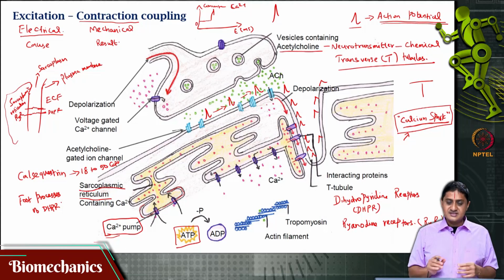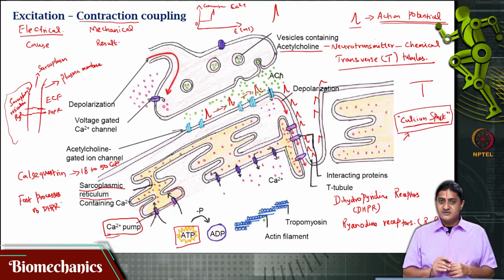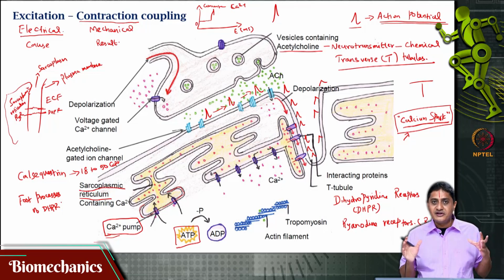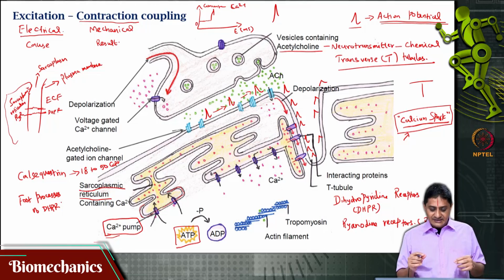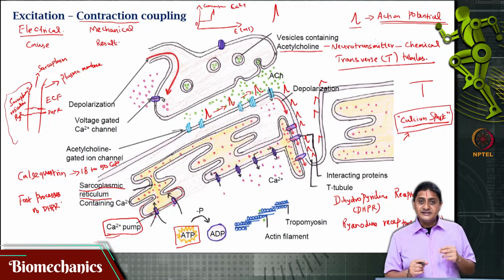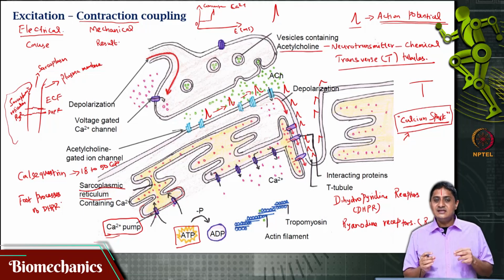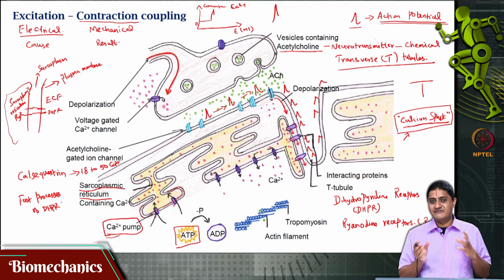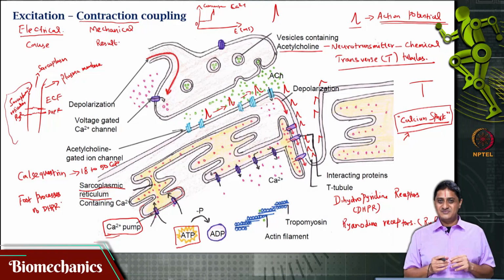Right. This leads to a situation in which calcium is suddenly becoming abundant in the sarcoplasm, and detection of this calcium happens in the muscle fiber at the thick thin filament interaction level, leading to a situation in which contraction happens. Right.